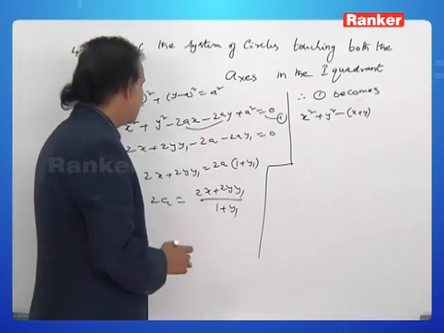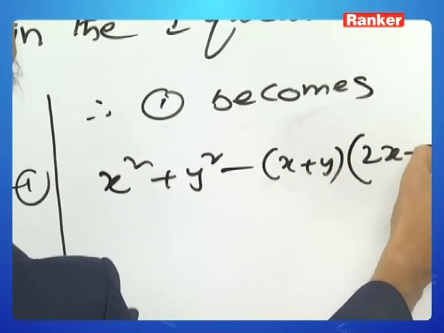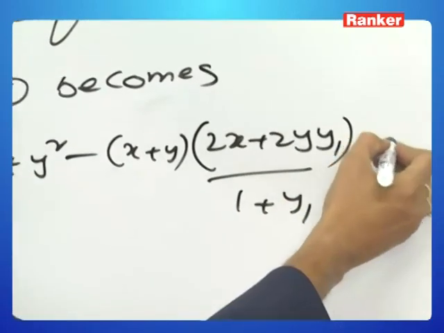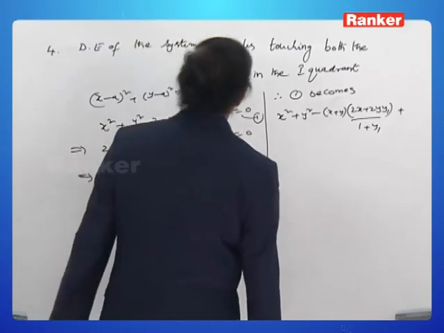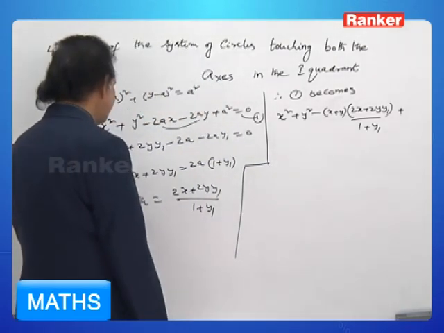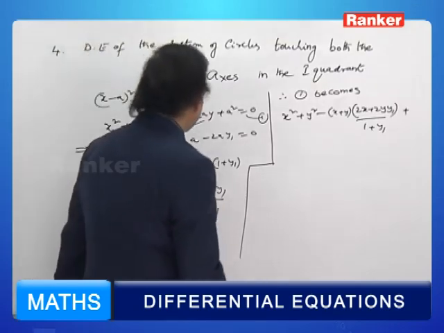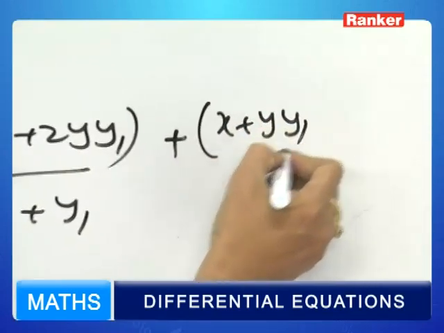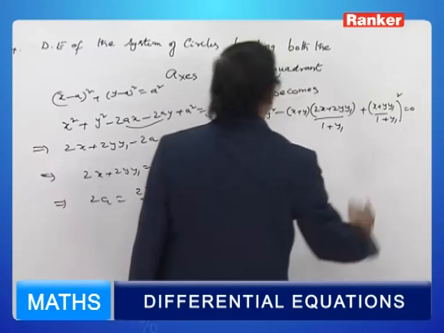What is 2a? (2x plus 2y y1) by (1 plus y1). You can cancel 2 on all the sides. So that a is (x plus y y1) by (1 plus y1), and the whole square is equal to 0.